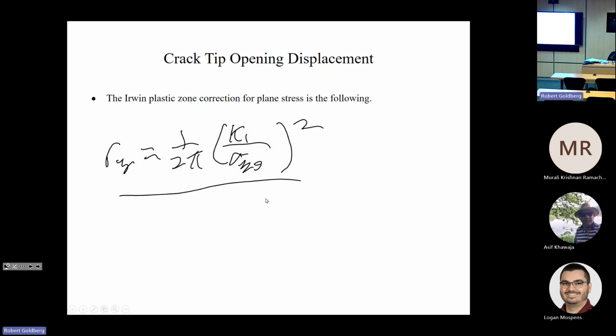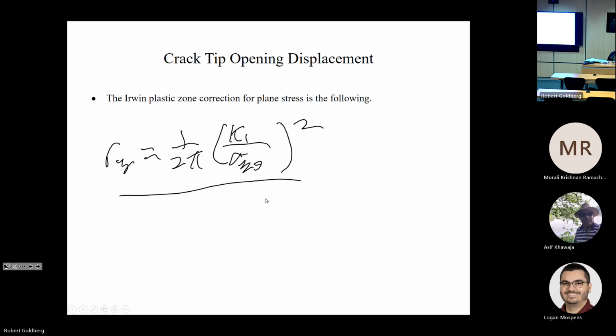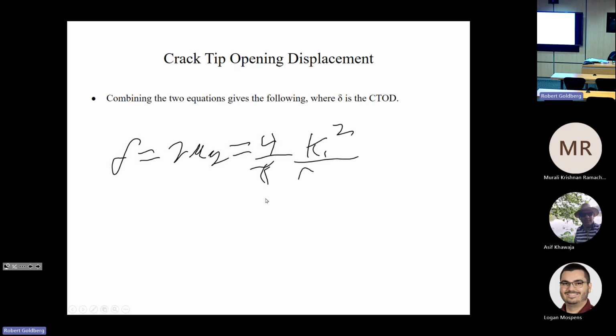So if we take this and substitute it in for Ry here, and we do a little bit of algebra, we get that our crack tip opening displacement, which is equal to 2 times this Uy, is equal to 4 over pi times K1 squared divided by the yield stress multiplied by the modulus.